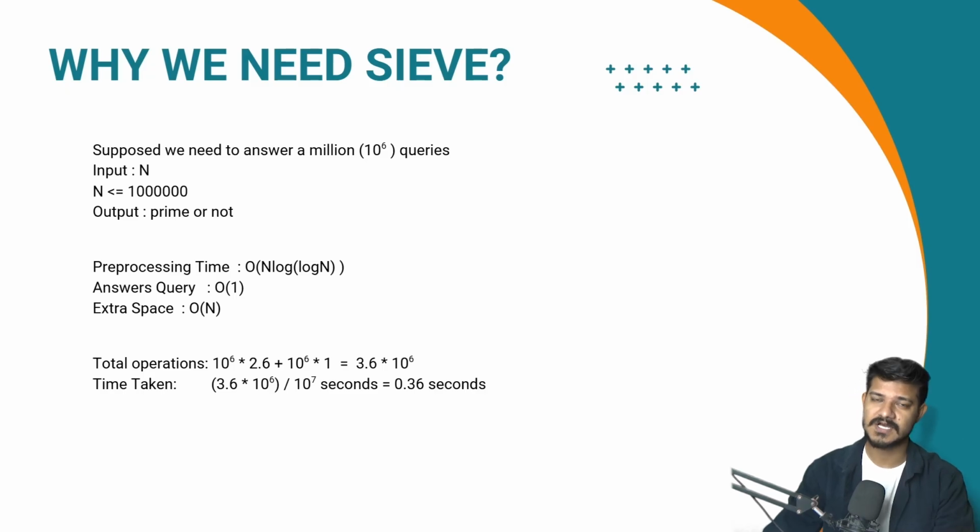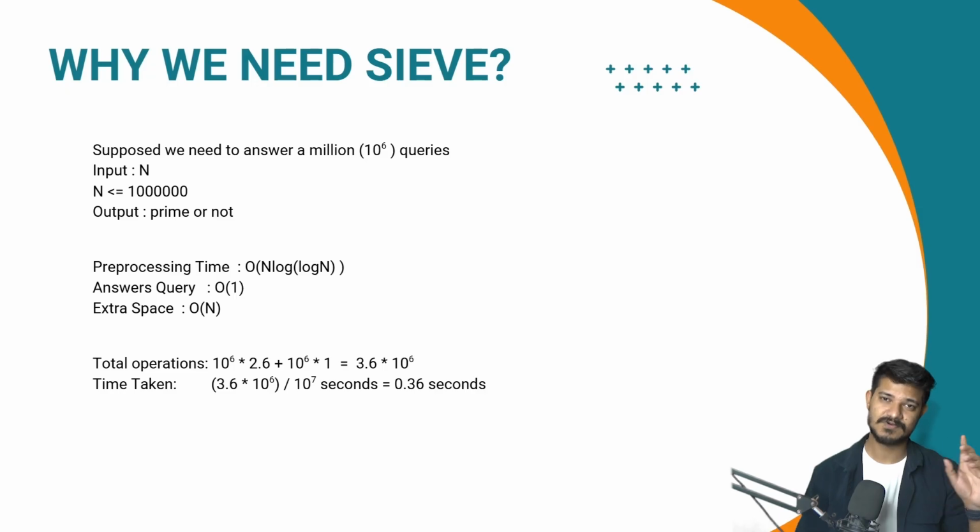Earlier we were answering each query in square root of n time. Here you can answer each query in constant time. That's why 10^6 times 1. So the total number of operations will be 3.6 times 1,000,000. Now the total time taken will be 3.6 times 10^6 divided by 10^7, and that would result in 0.36 seconds.